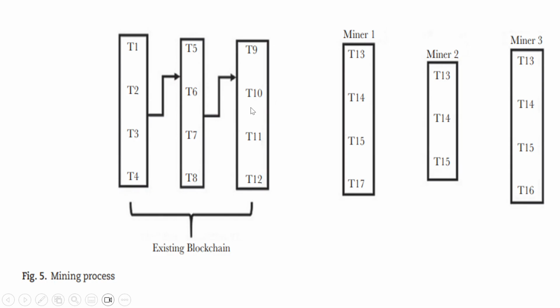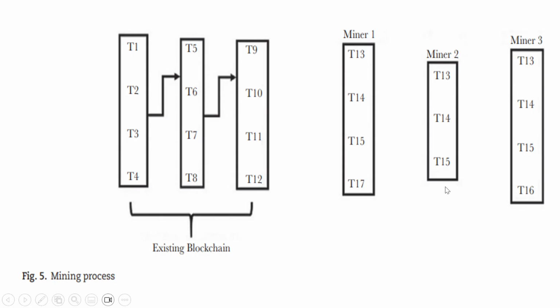Now miner 1, miner 2 and miner 3 are in competition to mine a new block. Miner 1 collects transactions T13, T14, T15 and T17, and using these four transactions, miner 1 is trying to mine a new block. Miner 2 catches transactions T13, T14, T15, and using these three transactions, miner 2 is trying to mine a new block.